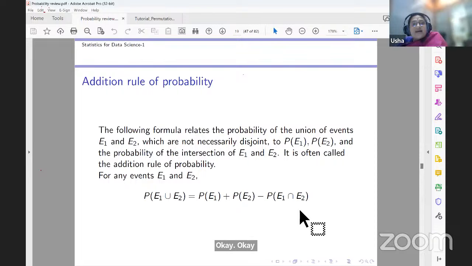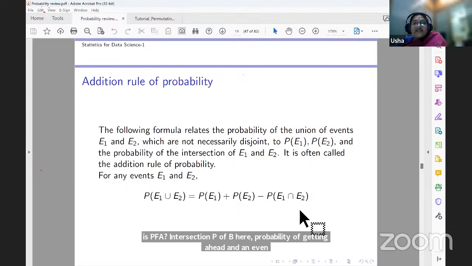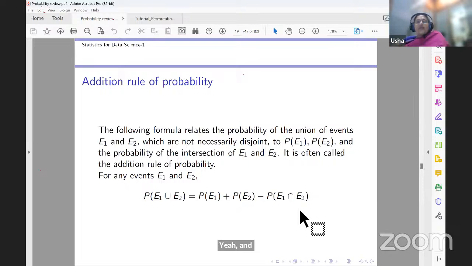Is that clear? Relating whatever we are telling to events. So I need to understand what is my event here. E1 is the probability of getting a head. E2 is the probability of getting an even number. Are they mutually exclusive events? Or can I get a head and an even number?